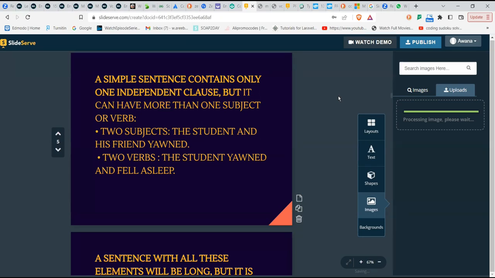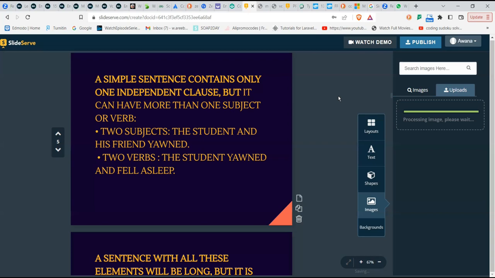Now, one can argue that if I say Hira and Laiba drink milk, now we have two subjects, Hira as well as Laiba. But that is not true, because Hira and Laiba are performing the same action. They are two entities, but they are not two subjects.